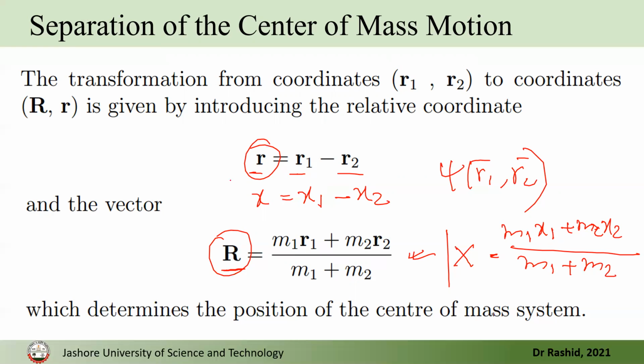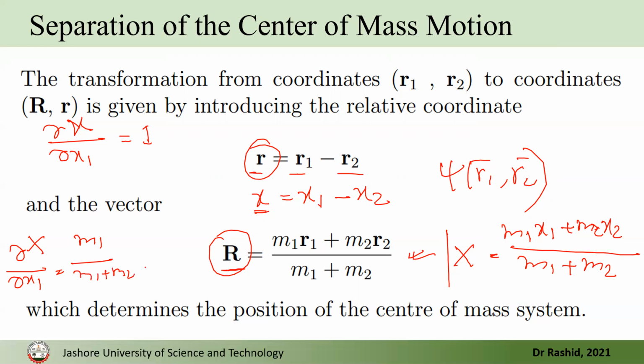Now, if we take the derivative for small x, dx by dx1 is just equal to 1. And for capital X, dX by dx1 will give us m1 divided by m1 plus m2, because dx2 by dx1 is 0; x2 doesn't depend on x1.